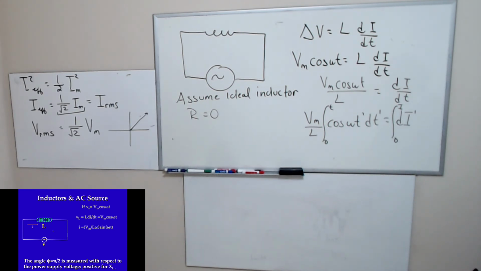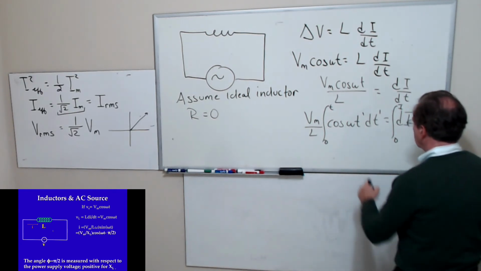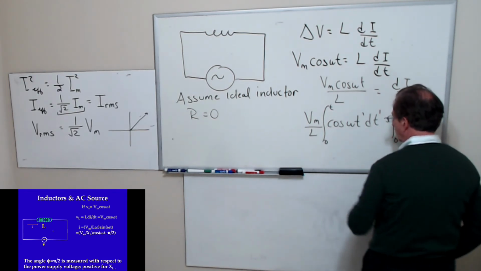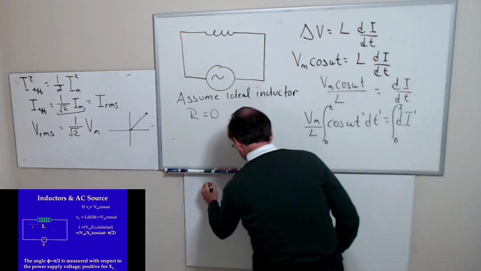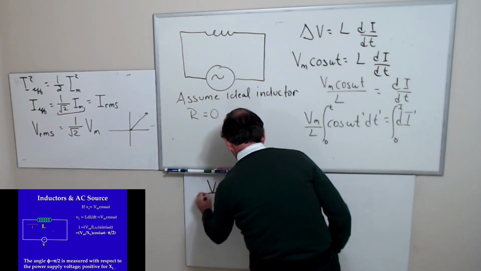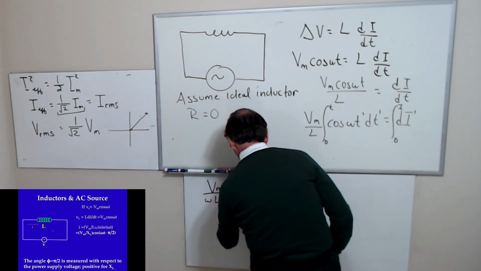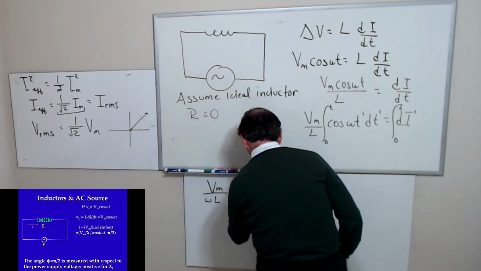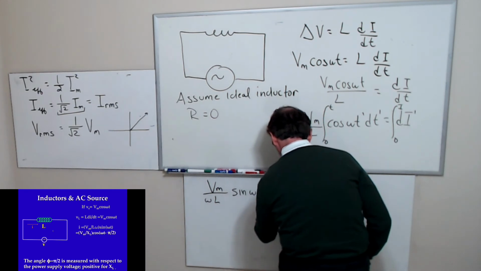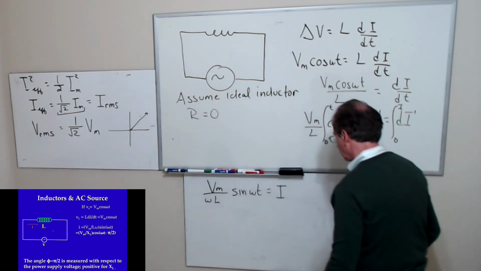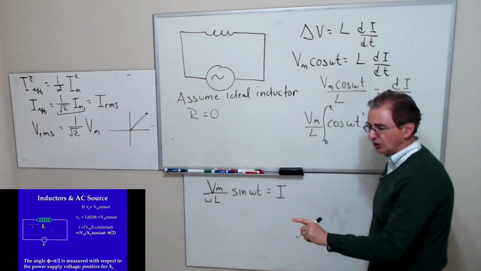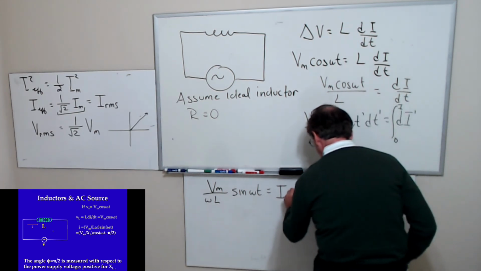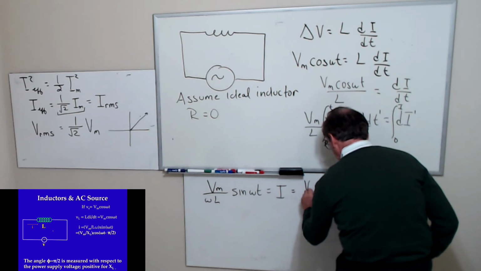And so when I perform the integration, what's the integral of cosine? It's sine, and I get a 1 over omega. And of course, sine is cosine of omega t minus pi over 2. So let me write it this way too.